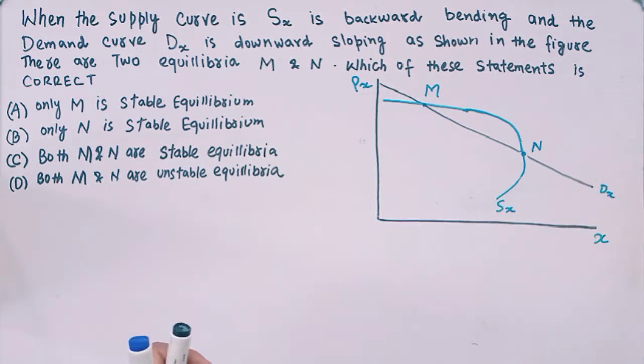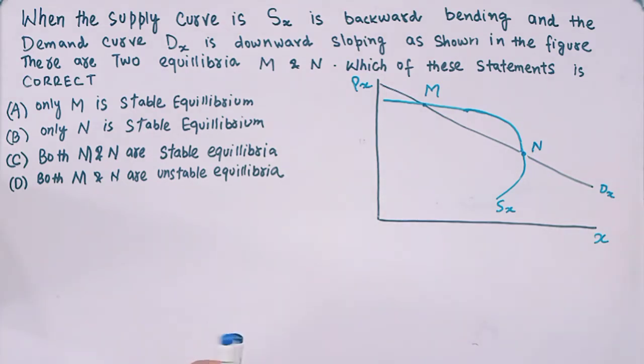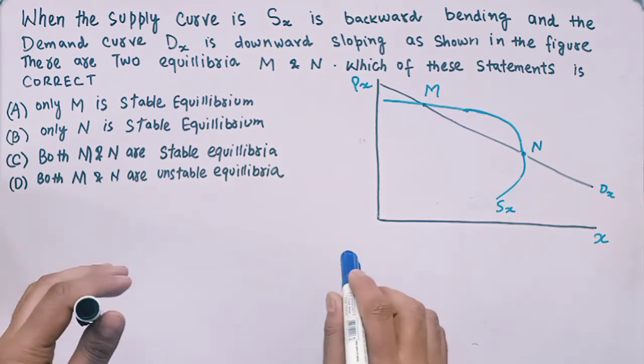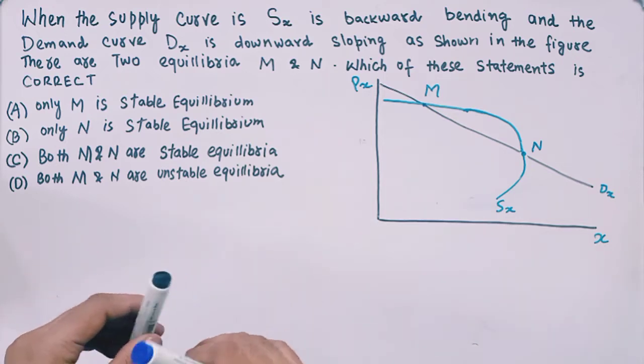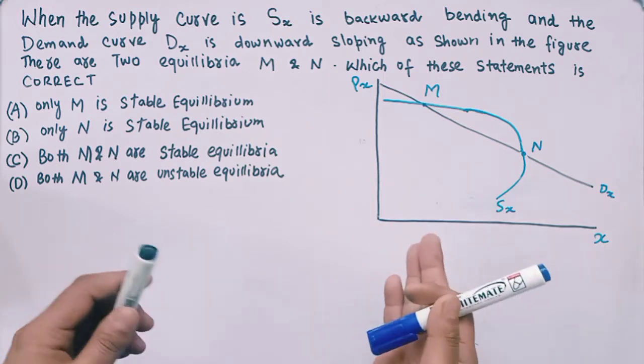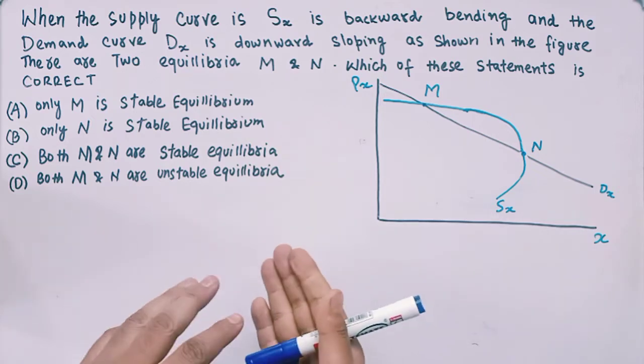Before we try to figure out which option is correct, we should know what is meant by stable equilibrium and what is meant by unstable equilibrium. Simply put, stable equilibrium is that type of equilibrium where any disturbance in the equilibrium situation is self-adjusting, so that the old equilibrium position is restored.